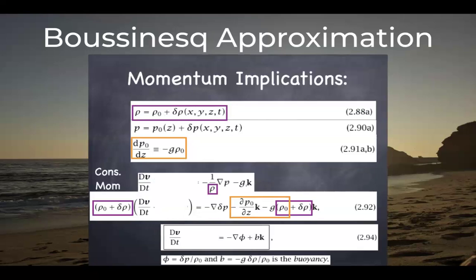So you can go through the game and plug into the equations of motion and figure out this, which I don't think I'm going to even go through. But the point is, instead of this version of the equations, you can get this version of the equation where you have something that's playing the role of the pressure, which is called the geopotential, and something that's playing the role of gravity, which is the buoyancy.